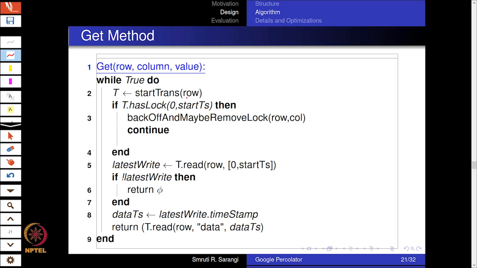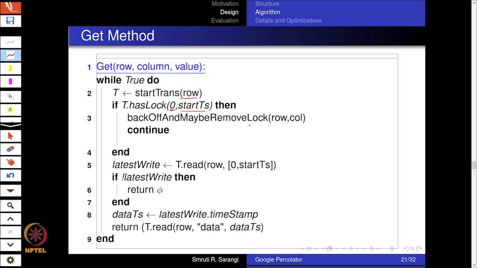And for the first row, I start a transaction. If between 0 and start TS, which is when I started my transaction, somebody has acquired a lock, which means there is an outstanding lock, then of course there is a problem, and it means that this row cannot be locked, because the row is currently locked.